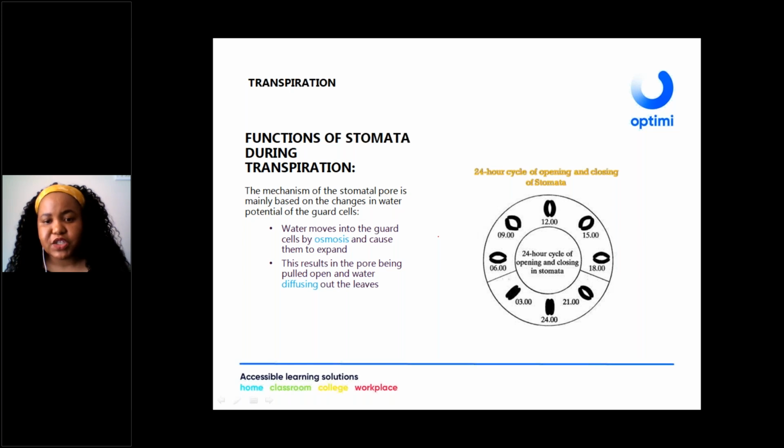This is a 24-hour cycle, but the stomata normally open during the day because that's when photosynthesis takes place, mainly the light-dependent part of photosynthesis. Remember, for photosynthesis to occur, we need light, we need the sunlight. So the stomata are mainly open during the day, because that's when a lot of light is taken in for photosynthesis.